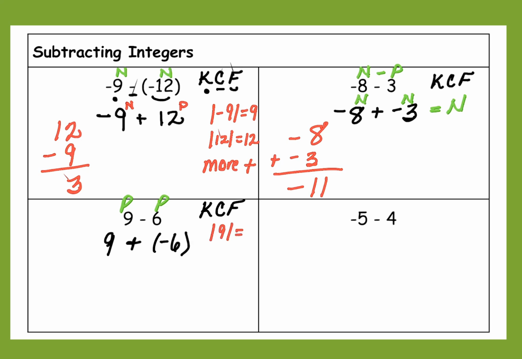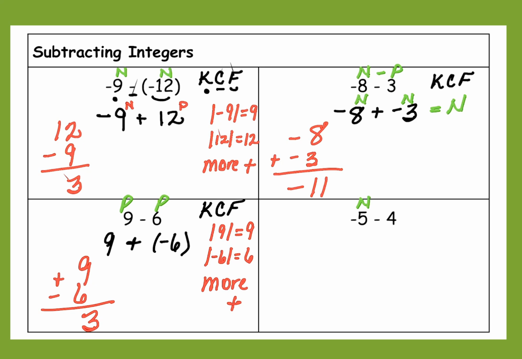Comparing the absolute values, we have 9 versus the absolute value of negative 6, which gives us 6. So we can see here that we have more positives. Next, we just find the difference of the absolute values to give us a positive answer. 9 plus negative 6 is a positive 3.